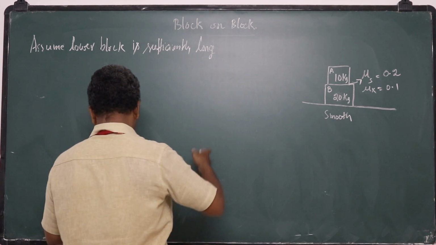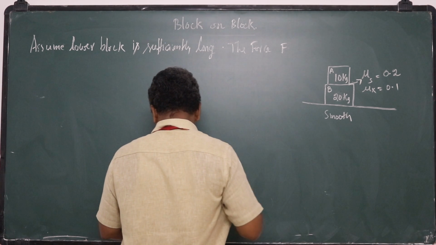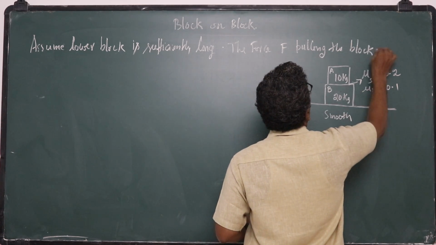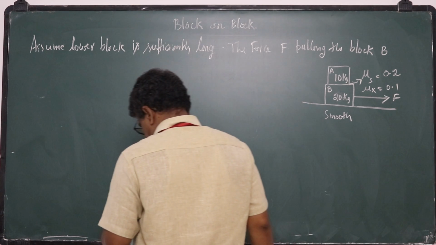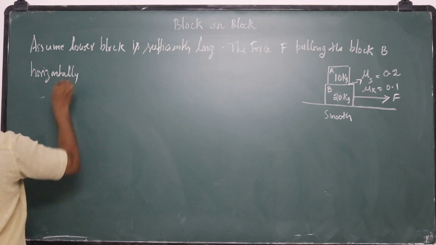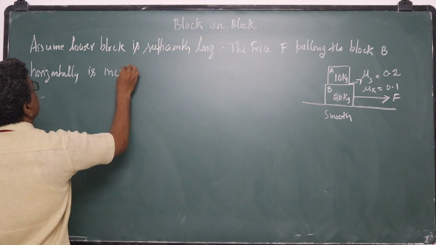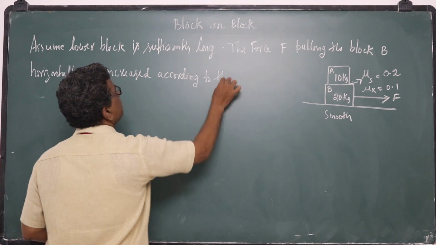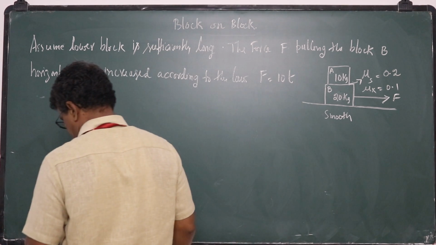The force F pulling the block B horizontally is increased according to the law F is equal to 10T newtons.